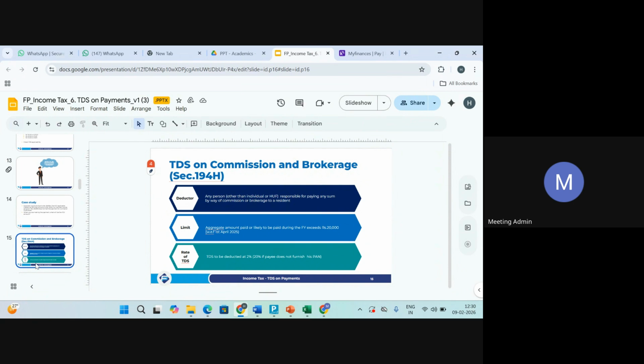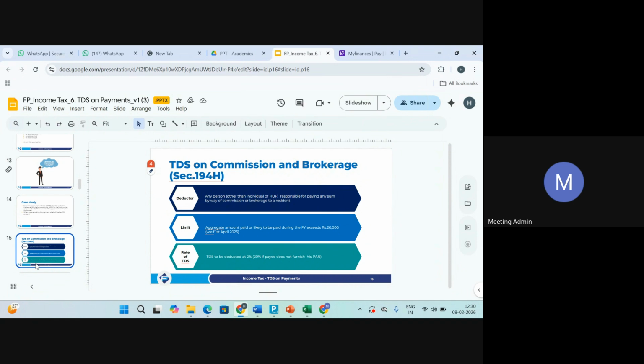Not only that, we have a variety of brokers: for renting a house, house searching, marriage purposes, tours, and each and every sector. For them we have to provide a certain percentage of commission, and then only they will agree. For that also, TDS has to be paid according to section 194H.